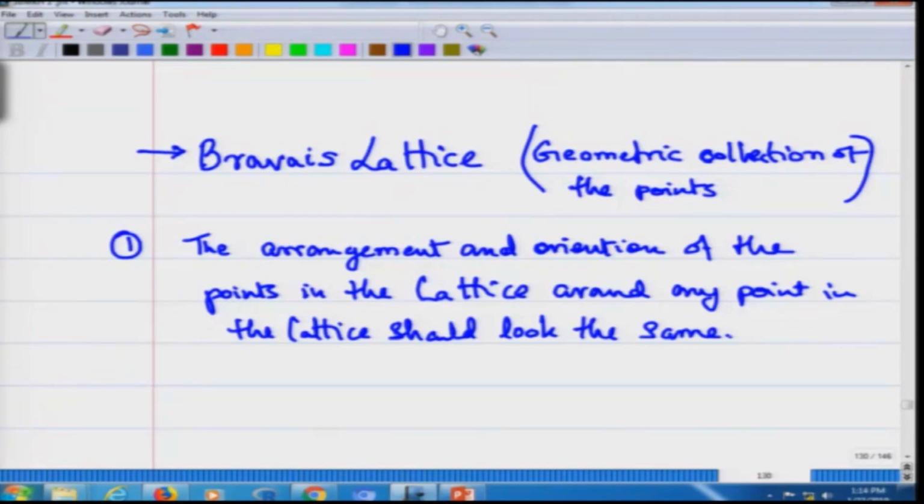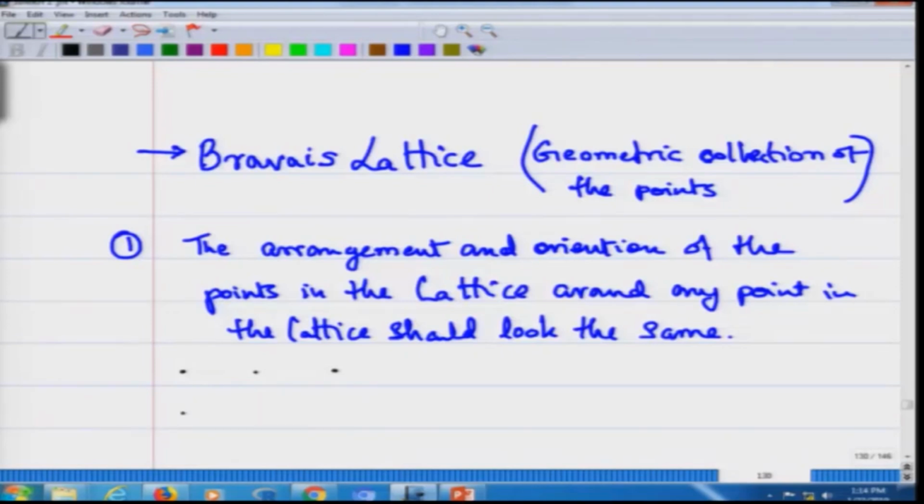Namely, if I go to any lattice point in the lattice, then if I look at the distribution of the points, or the arrangement and configuration of the points around that point, it should look identical whichever point I go to.